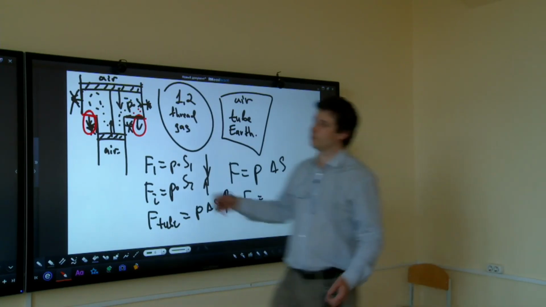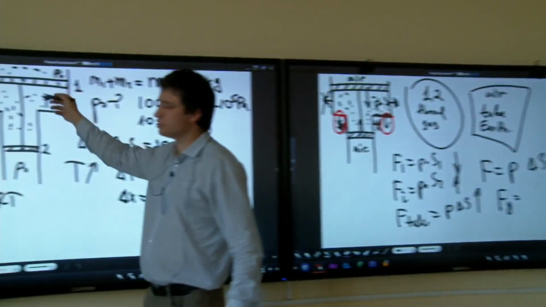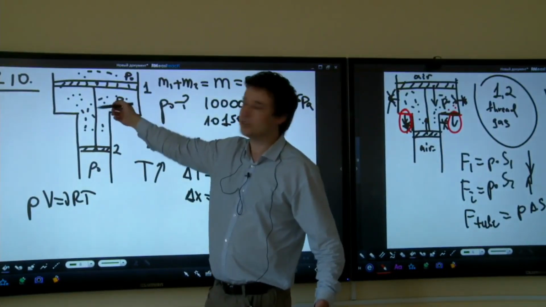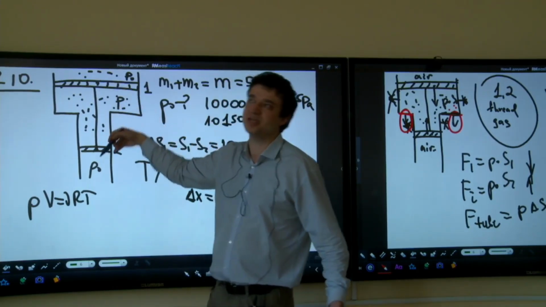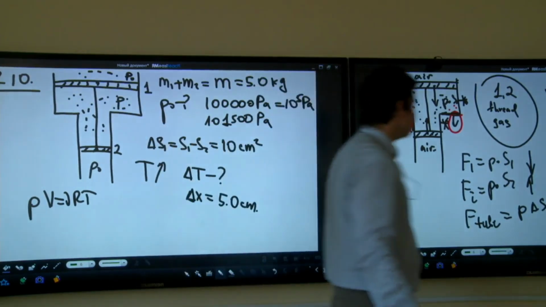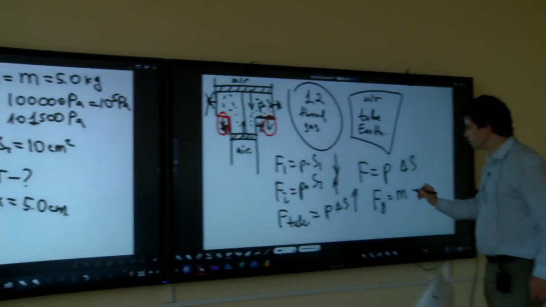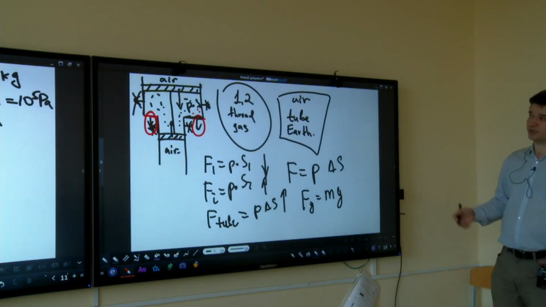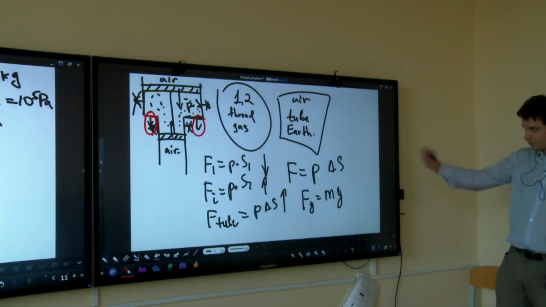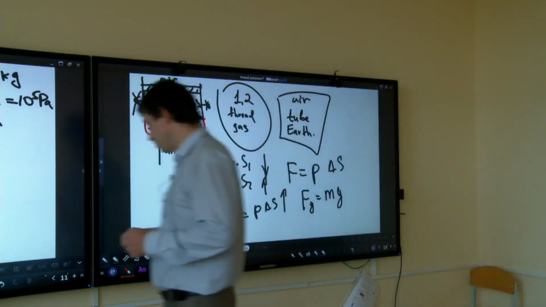So the total mass of the system in here is presented by the masses of the pistons, because I can neglect the very small mass of the gas in between the pistons and also the very small mass of the thread. So that's why the gravitational force should be mg. Nothing added. And then I consider a single equation which describes the equilibrium under these forces.